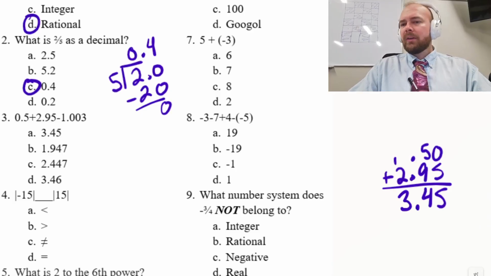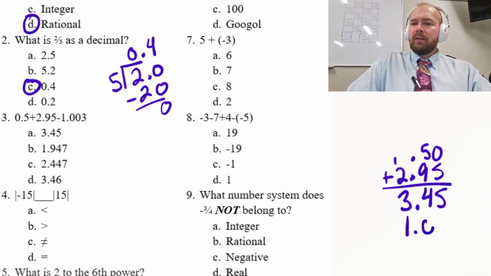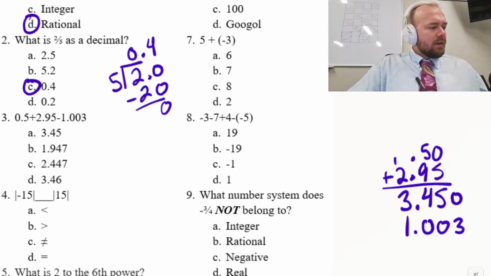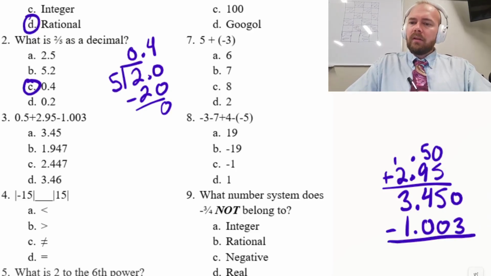And when you're adding or subtracting decimals, you want to keep those decimal places lined up. So now I have 3.45, and I'm going to minus the 1.003. 3.45 is also the same thing as 3.450. So I'm going to minus that.